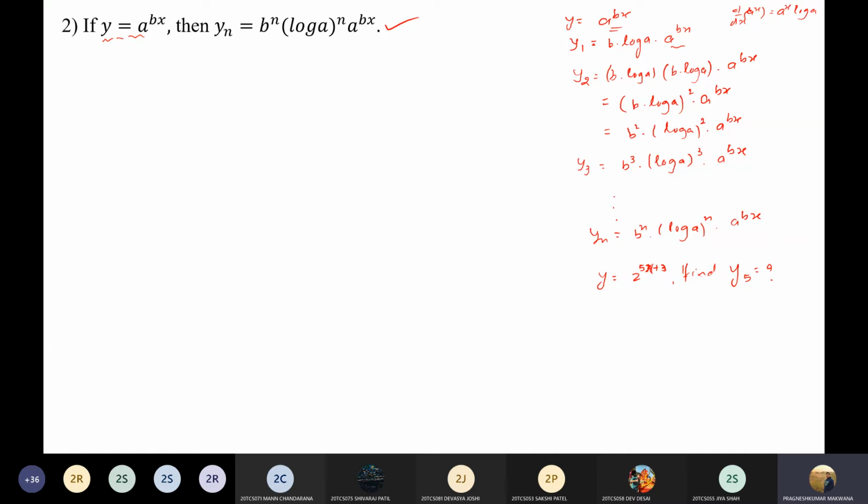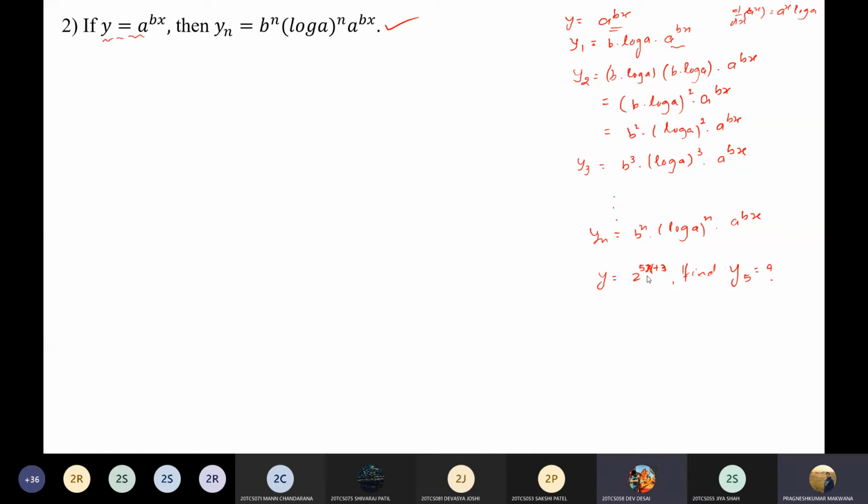Anyone can say the answer of this y5, the fifth derivative. You can calculate y1, y2, y3, or you can give the direct answer of y5 by using this formula.